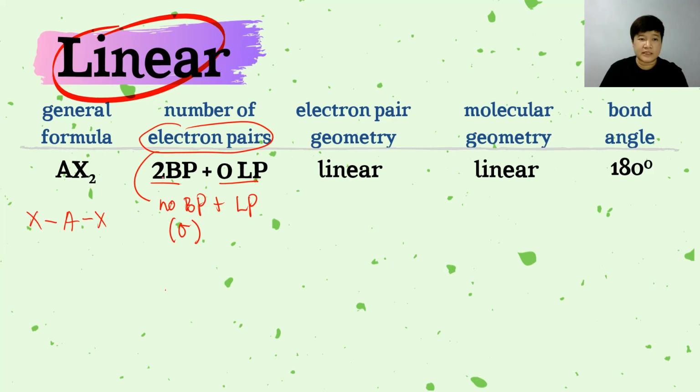So, for the linear, you have 2 bonding pairs plus no lone pair. Therefore, the electron pair geometry will be linear, or in other words, the basic geometry is linear. And the molecular geometry will also be linear because there is no lone pair in the central atom. The bond angle is 180 degrees.